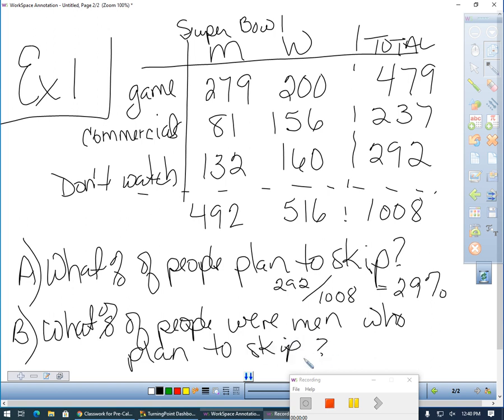Alright, so out of this group, we're taking 132 out of how many? Okay, so right here is the key. It says of people. If I said of all the men, we take the 492 because that's all the men. But we need to take into consideration all of the people. So what should my denominator be? The total, 1,008, right? So go ahead and divide that. Give me a percentage. 13.1%. Thank you very much.